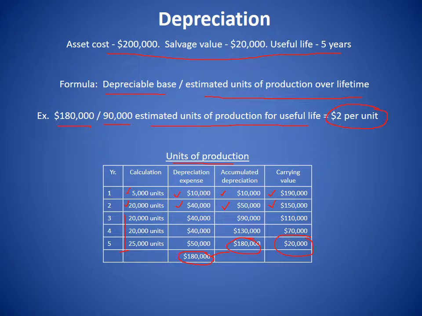Now I'm asked the question as well, what if the estimate's off and then I retire the machine at the end of 5 years? Well, I can only reduce my carrying value of that $20,000. So depending upon the amount of production or non-production, I can end up calculating a gain or loss on the disposal of the machine.